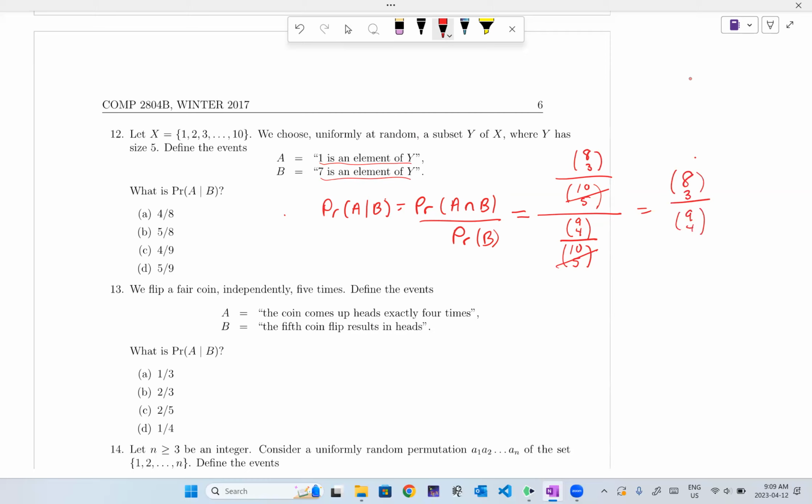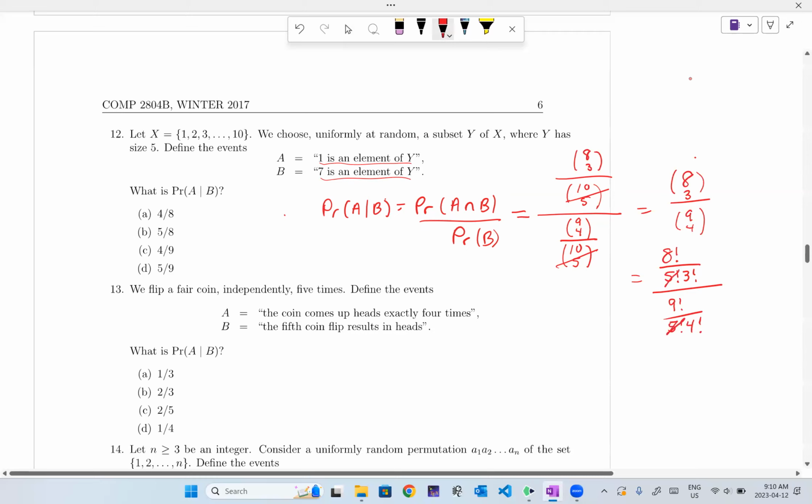And if you have a calculator, you can just punch it in at this point. But I will expand these binomial coefficients. This is 5 factorial over 3 factorial over 9 factorial over 5 factorial, 4 factorial. Okay, so the 5 factorials will cancel out.